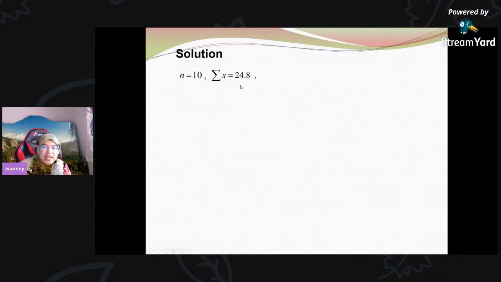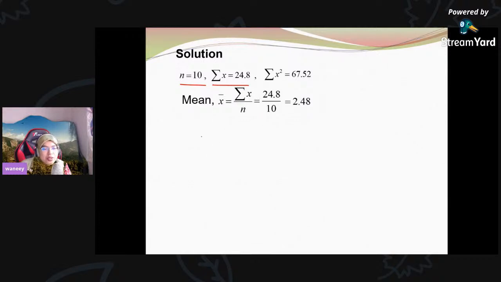The summation of x is 24.8, and the summation of x squared is 67.52. The mean is summation of x over n, so this is 24.8 over 10. The answer is 2.48.